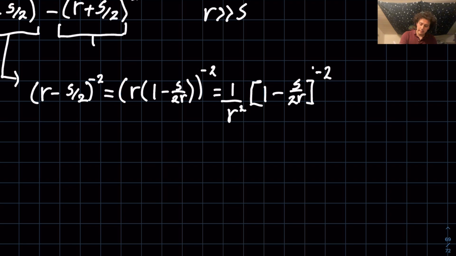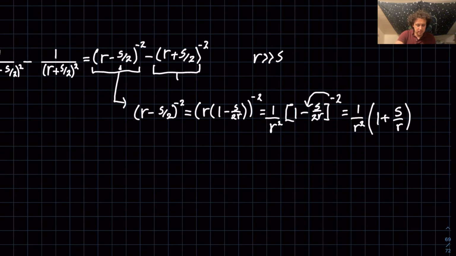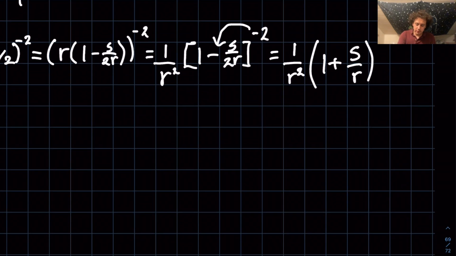The minus 2's cancel with each other, and so that'll give us 1 over r squared out front times (1 plus s over r). And notice that the only difference between this term and this term is that we have a minus sign here and a plus sign there. And so our other term should look like 1 over r squared times (1 minus s over r).